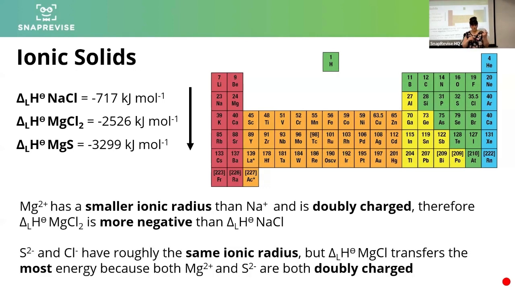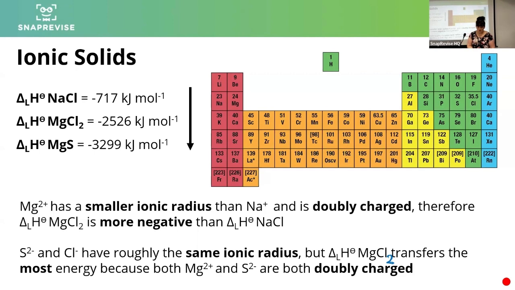So sulfide and chloride have roughly the same ionic radius, because we've added in extra electrons, but you've added them into the same shell, so you're not going to get much of a difference in size. But that's supposed to say MgCl2, apologies, so please do also double check that one is correct on your sheet.